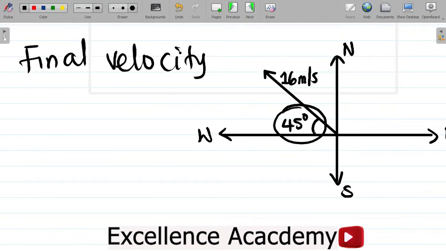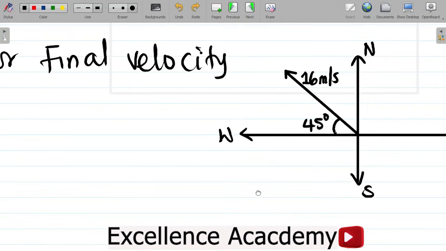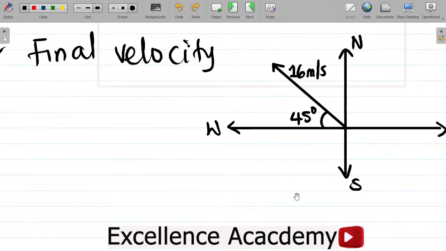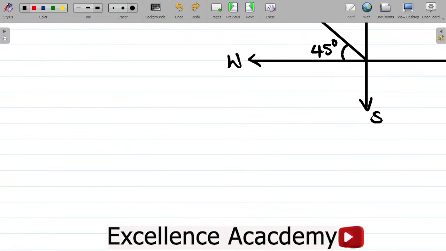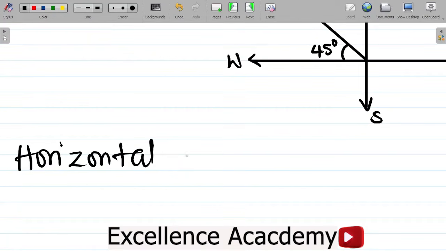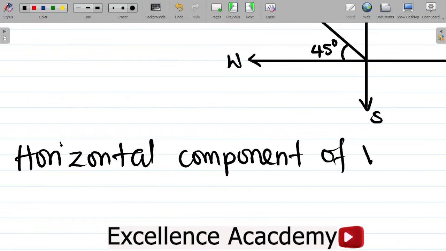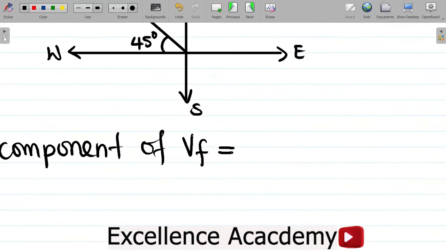So let's start with the horizontal component of VF, final velocity, which I'll represent as VF of X. X simply means horizontal.